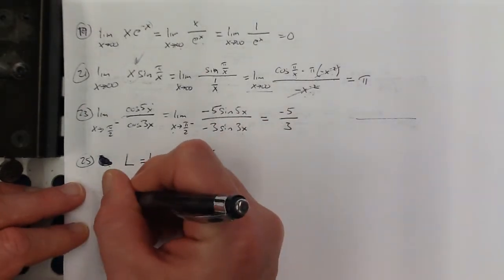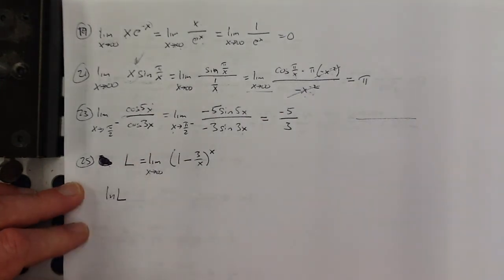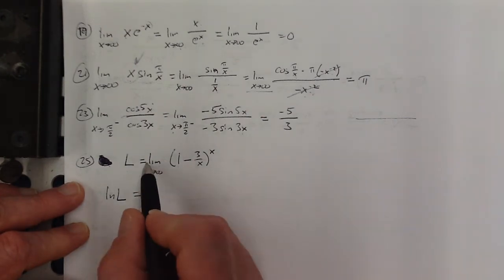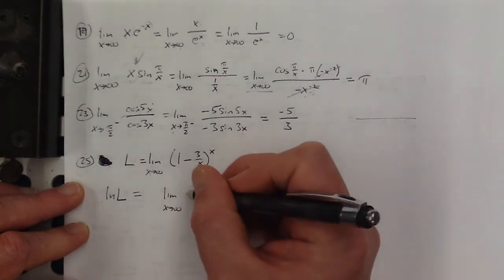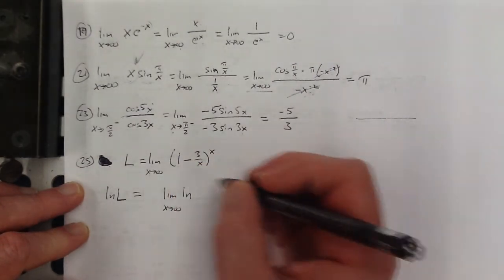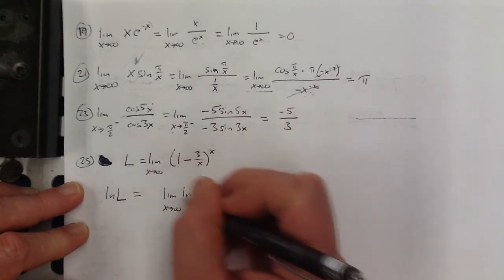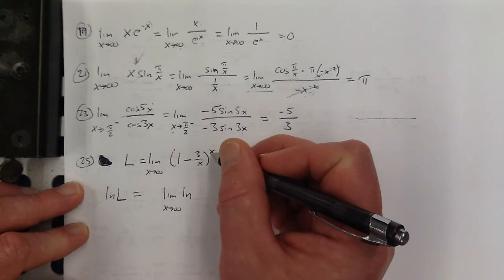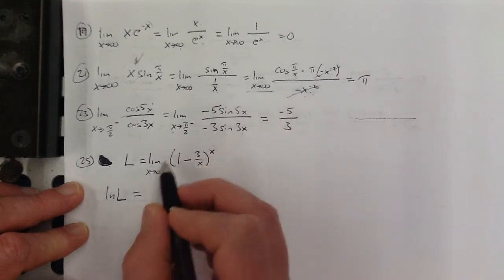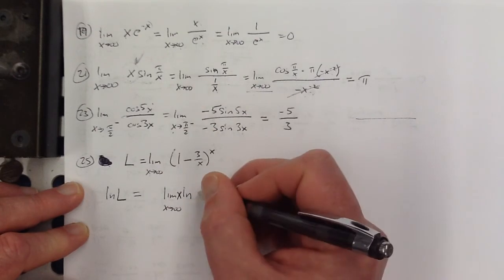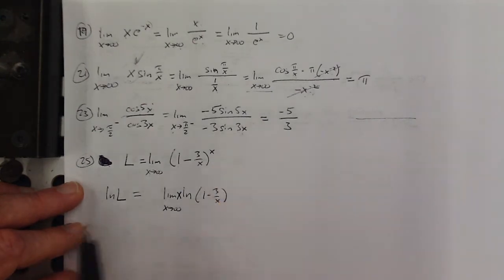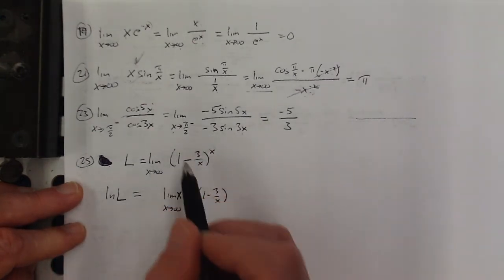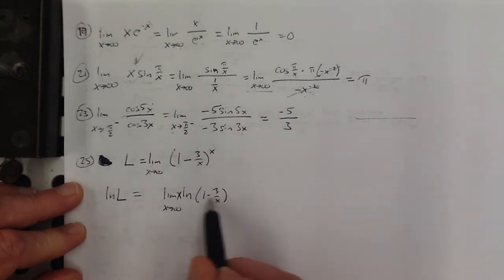So the natural log of the limit, whatever the answer that I'm looking for is, if I introduce a natural log on the inside, I can move that x out, because one of the rules we used in logarithmic differentiation is to get this exponent down to the front.